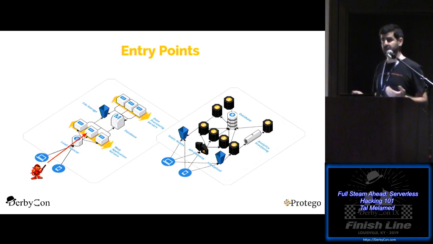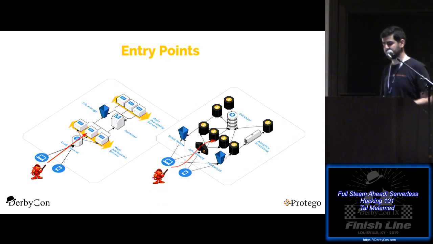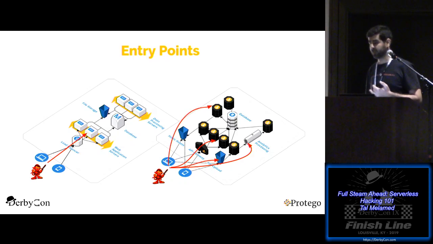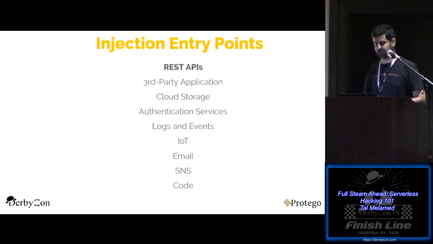But when you talk about serverless, it's not the same. They can come from a REST API gateway, but they can also trigger code from files, from analytics, from emails, from logs. How do you defend against that? So we'll see what you can actually do.